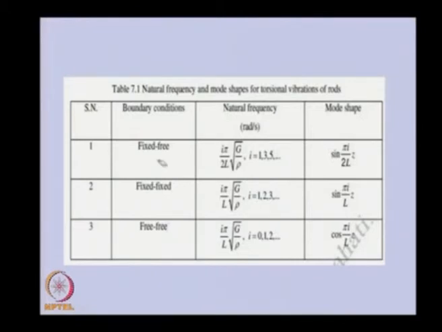This is the fixed-free case, this is the fixed-fixed case, and this is free-free. So this is fixed-free, similar to the cantilever case, and these are the natural frequency and mode shape. Basically we need to satisfy the boundary conditions to get the constants C and D, and depending upon that we get these equations.